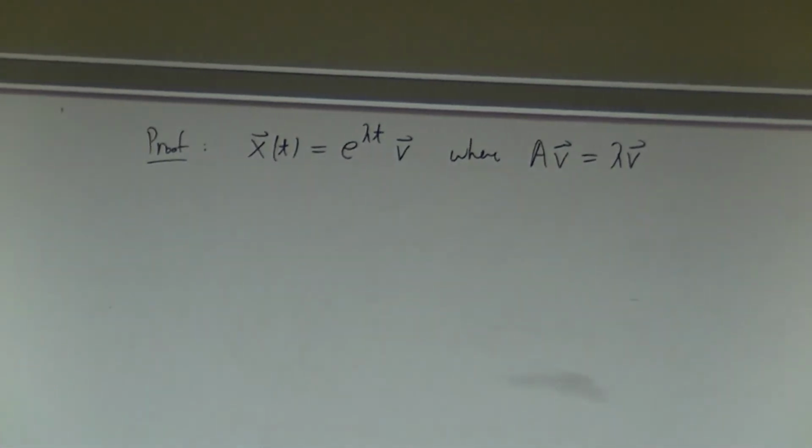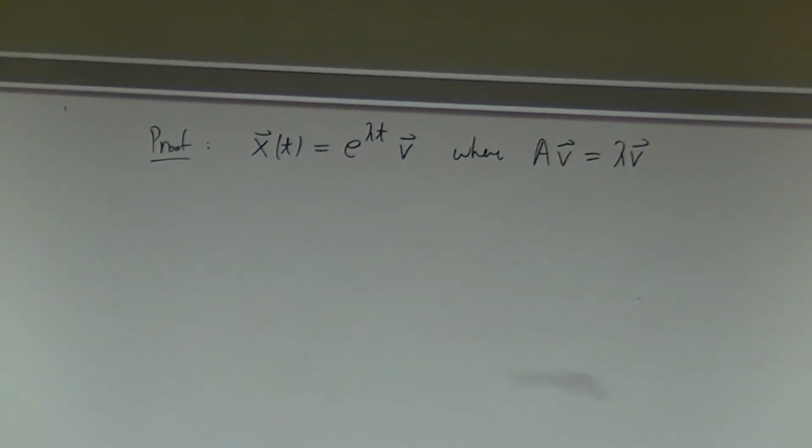In other words, suppose I have an eigenvalue lambda for my matrix A, and suppose I have an eigenvector v. I'm arguing that if you take e to the lambda t times the eigenvector, that gives you a solution to the differential equation.